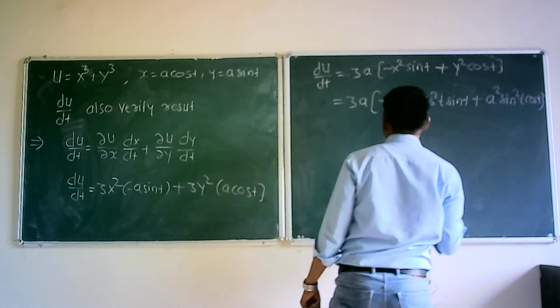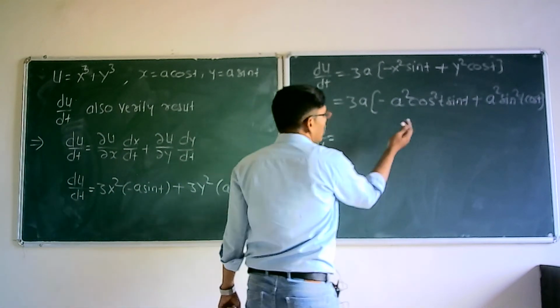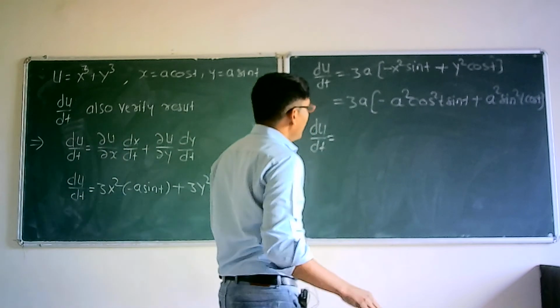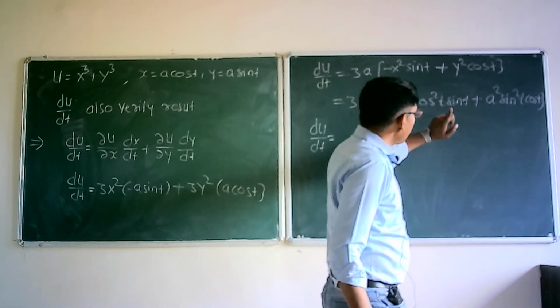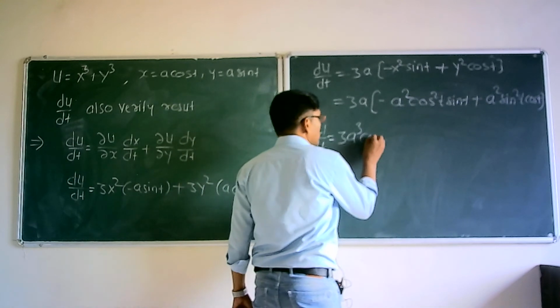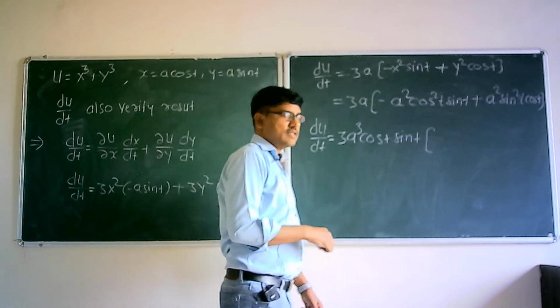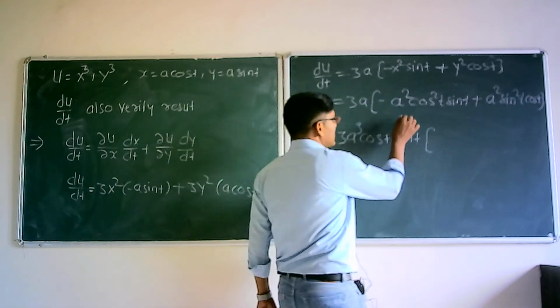So again if you simplify this, you will get du by dt equal to, if you take a square outside and cos t sin t outside, thrice a cube cos t sin t. Put it outside, what is left inside the bracket?